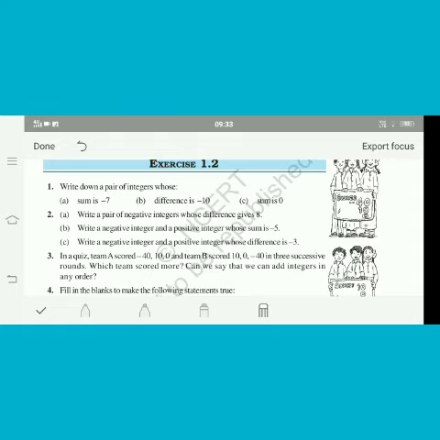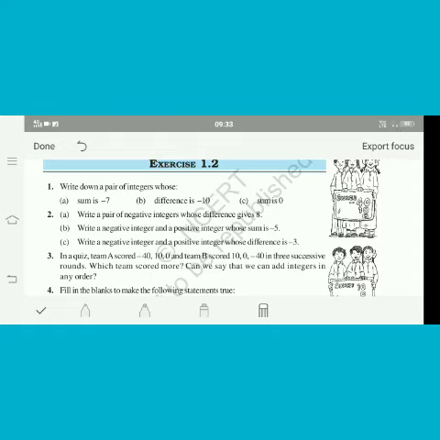Question number 3. In a quiz, team A scored -40, 10, 0, and team B scored 10, 0, and -40. So the difference is, in one case there is -40, 10, and 0, and in team B it's 10, 0, and -40.